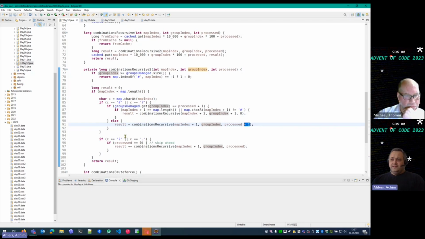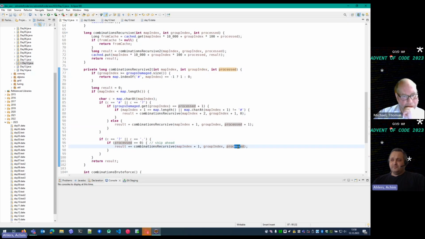The other possibility is that we do not decide to process the question mark as a damaged hot spring, but as an intact hot spring, or it is in fact an intact hot spring. In that case, we just increment the map index and keep group index and processed as they are.